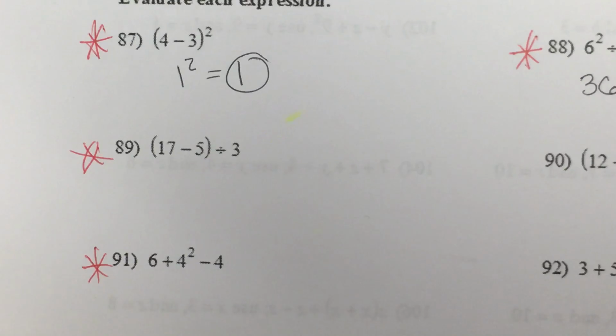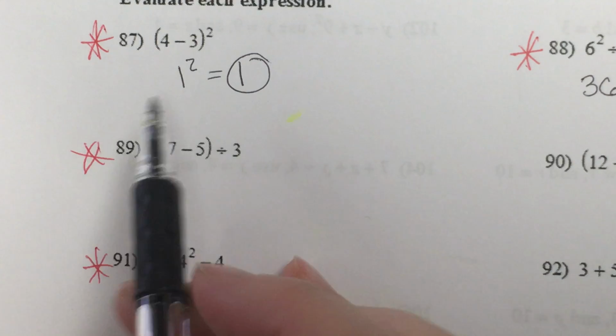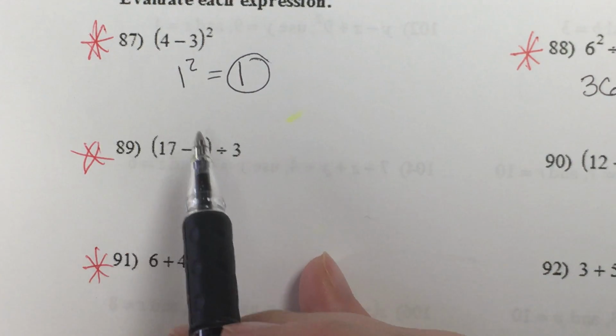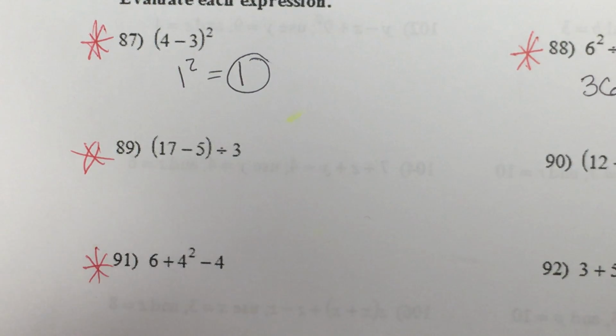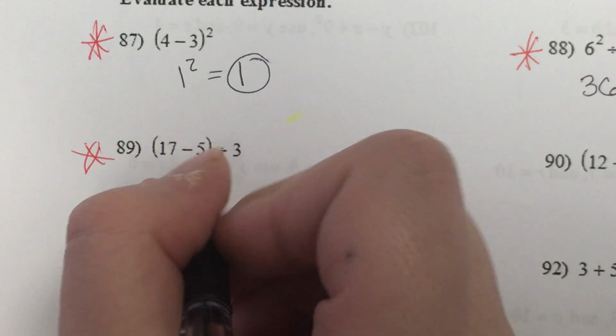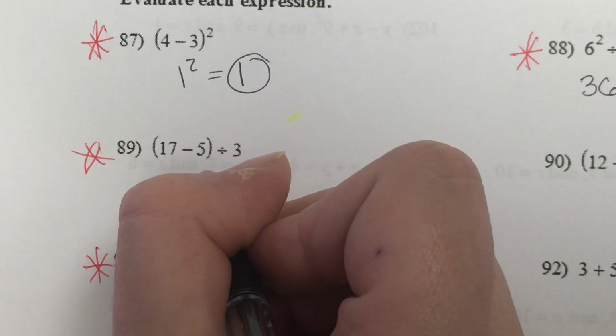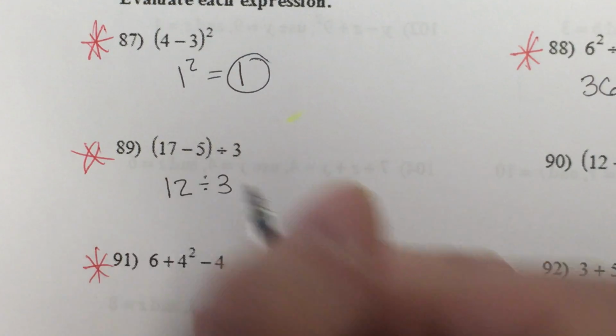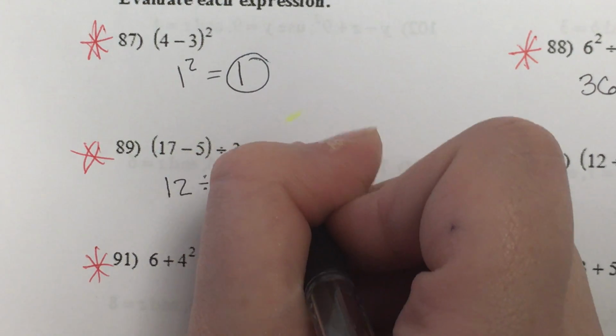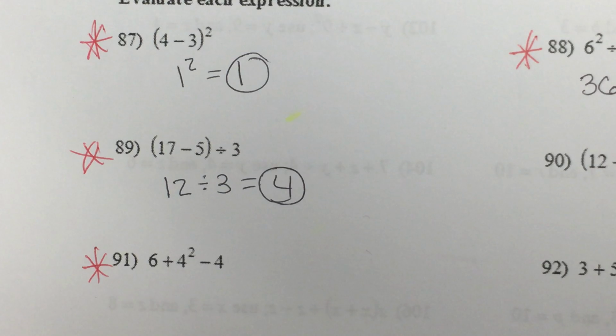Let's go on down to 89. Once again, here are some parentheses that we need to do first. 17 minus 5 is going to be 12, divided by 3. 12 divided by 3 is going to be 4.